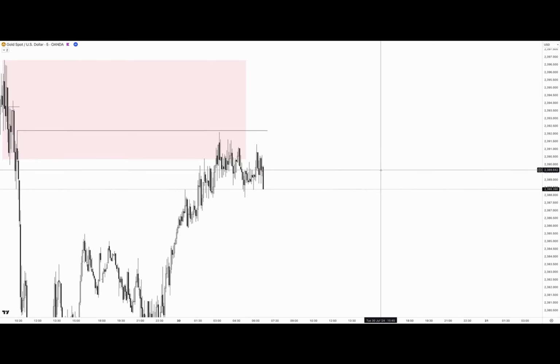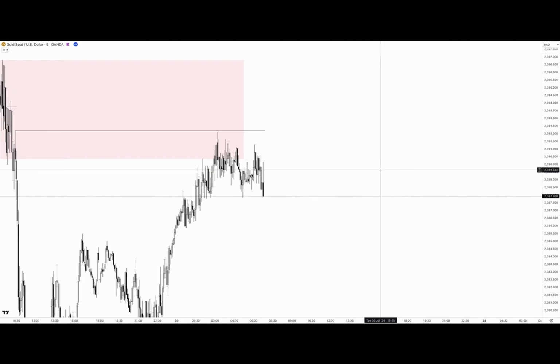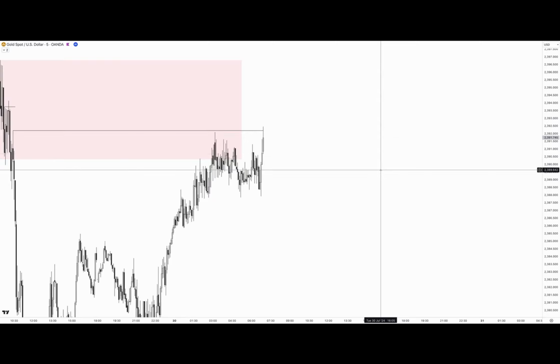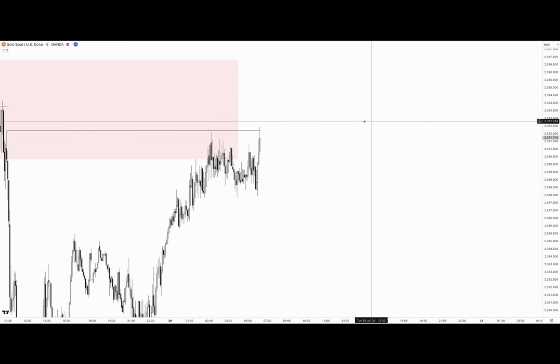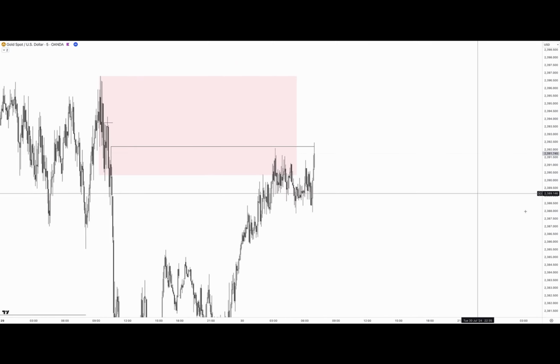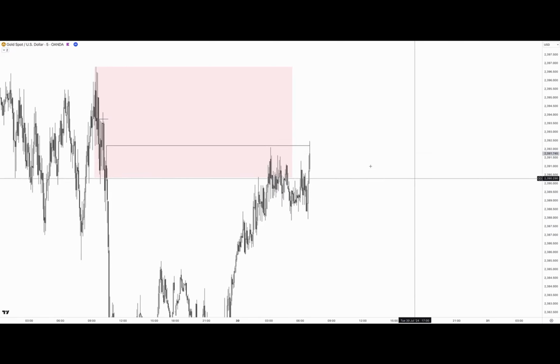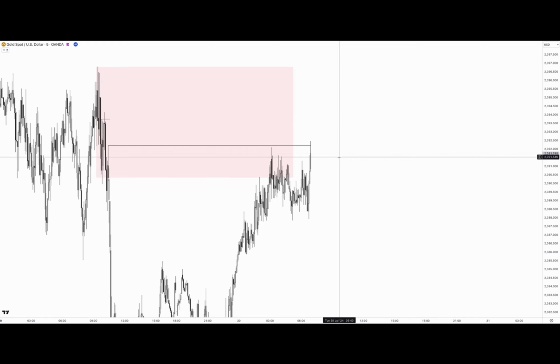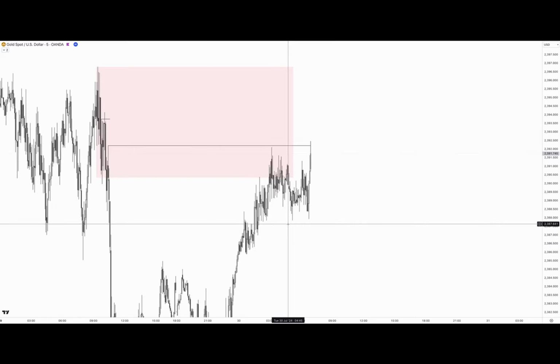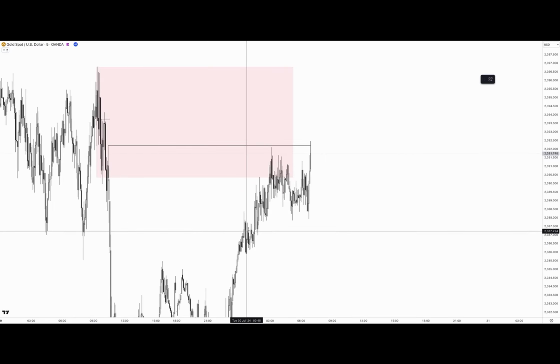Anyways, so on the 5 minute, let's play some price action. And as you can see, the high got taken out. Now you can expect some sort of short to happen right towards that engineered liquidity, which is right here.